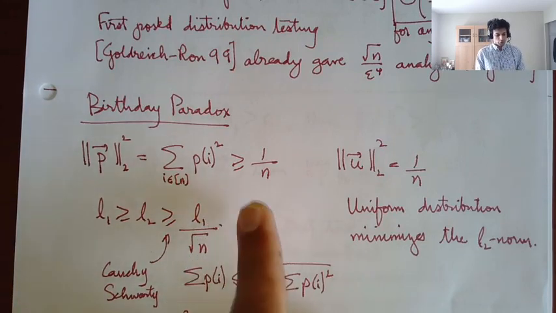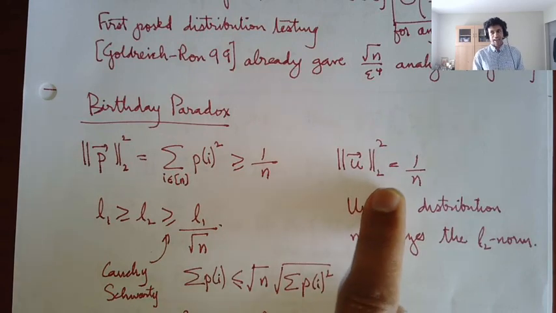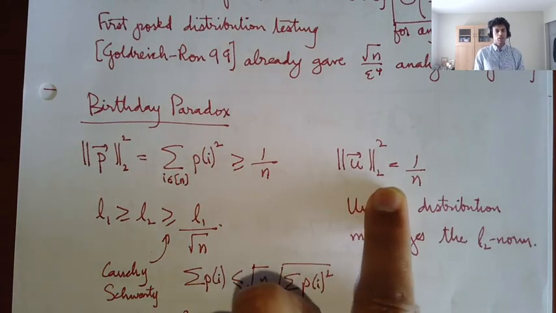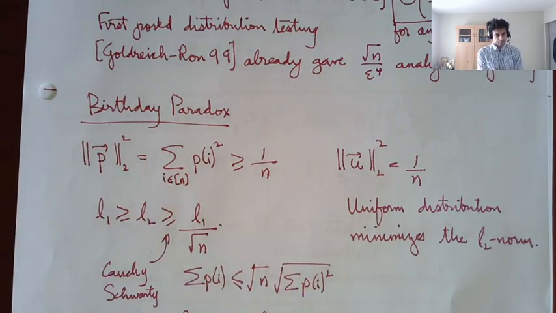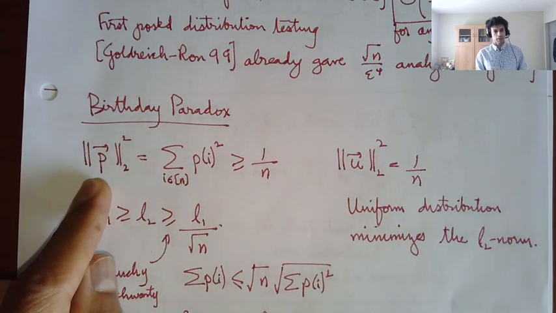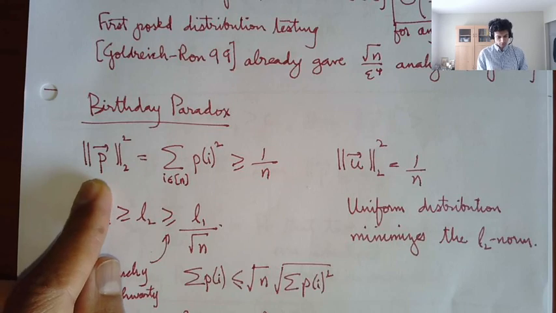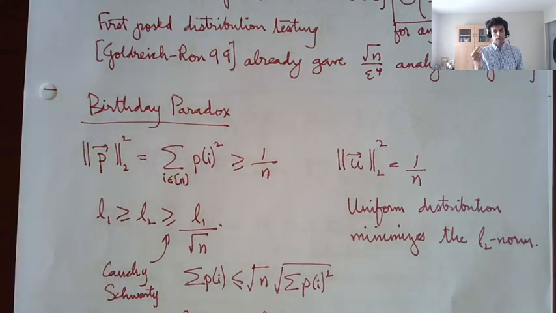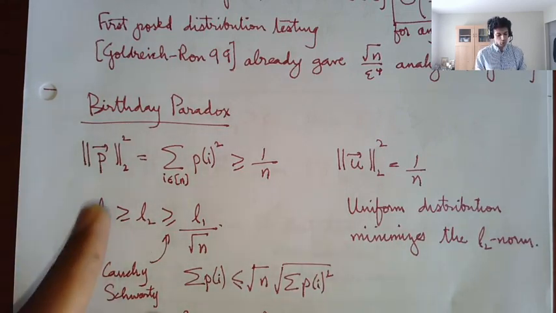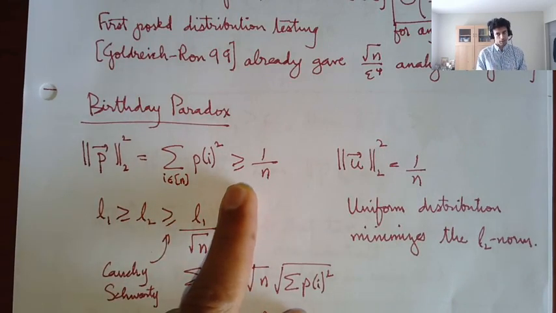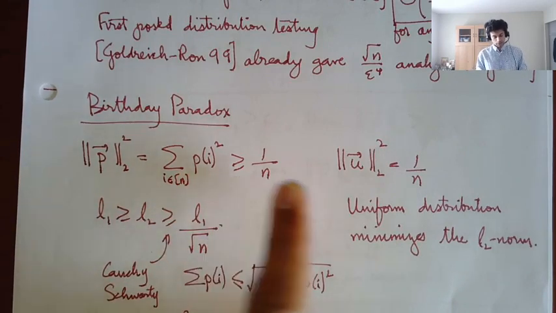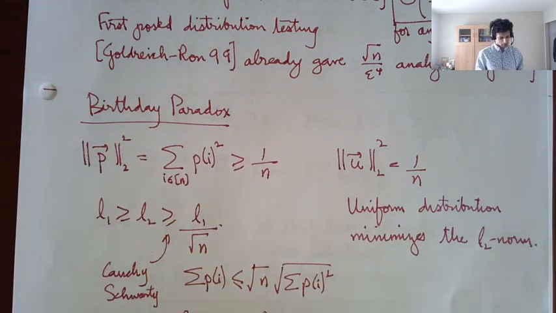For the uniform distribution, it is exactly 1 over n. This is going to be the key in the uniformity tester: if we can measure the norm, we will show that distributions which are far from uniform have a larger collision probability, a larger 2 norm squared, and that will allow us to make this distinction.